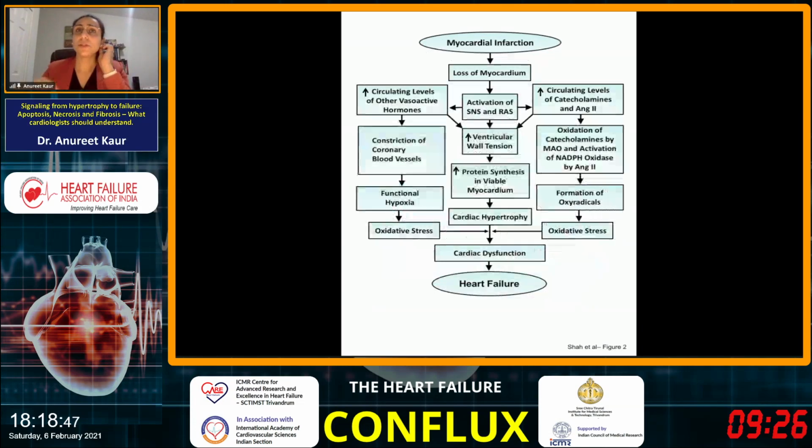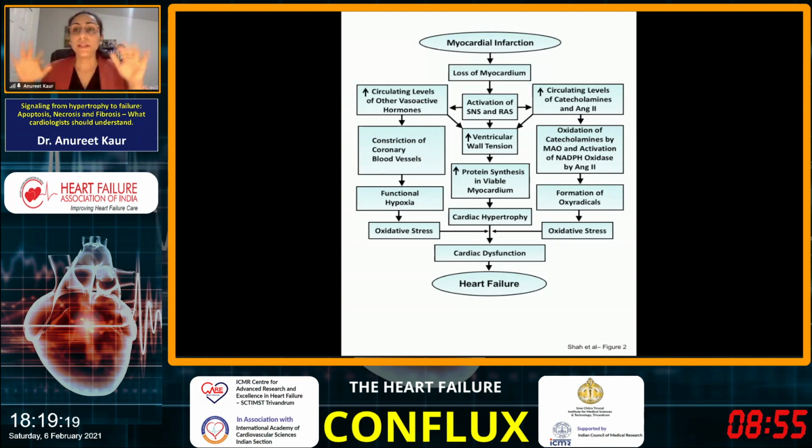To talk about the number one cause of heart failure, which is myocardial infarction, we know that it leads to the formation of infarct and the loss of myocardium. That activates the sympathetic nervous system and renin-angiotensin system, which will further make the release of all these vasoactive hormones: angiotensin 2, catecholamines, epinephrine, norepinephrine.